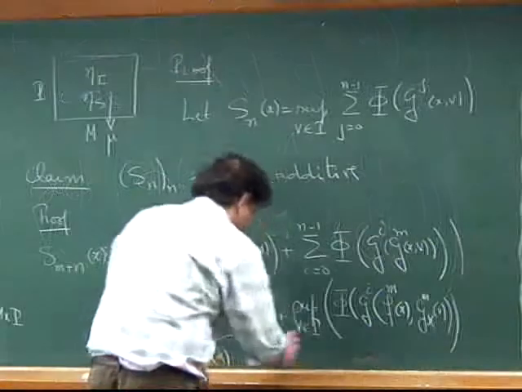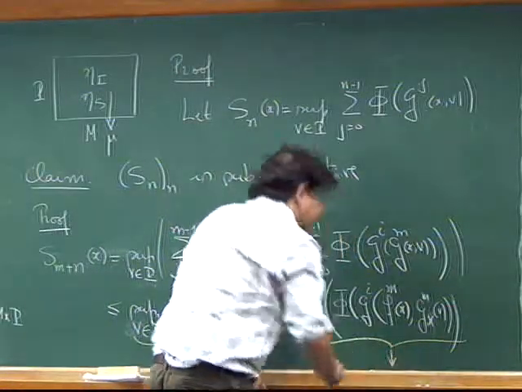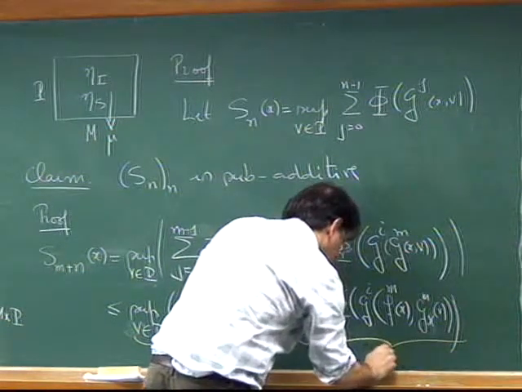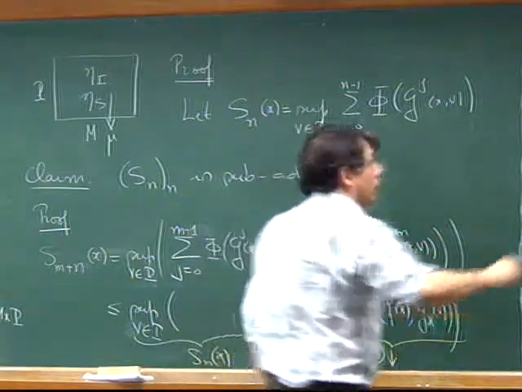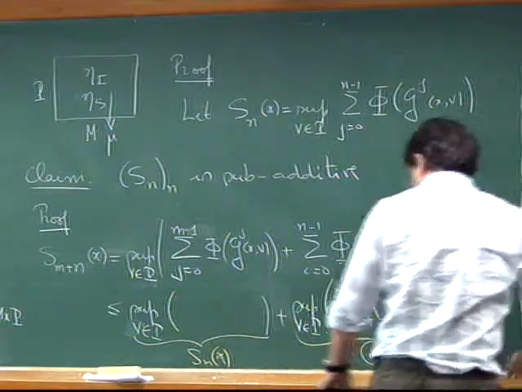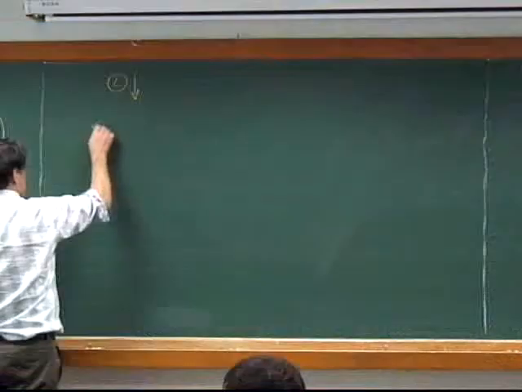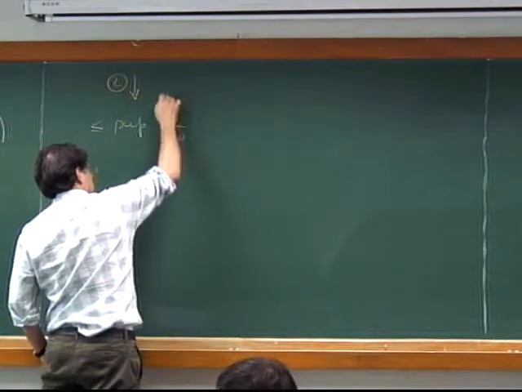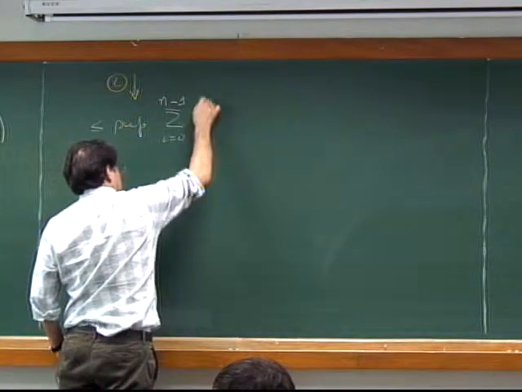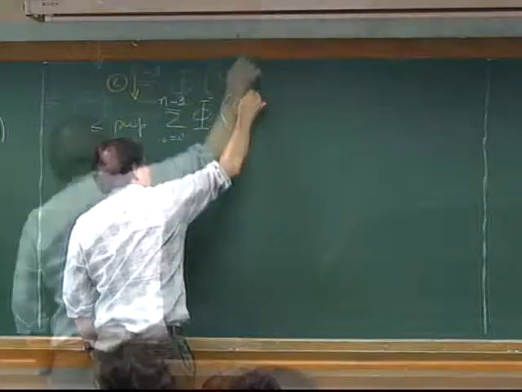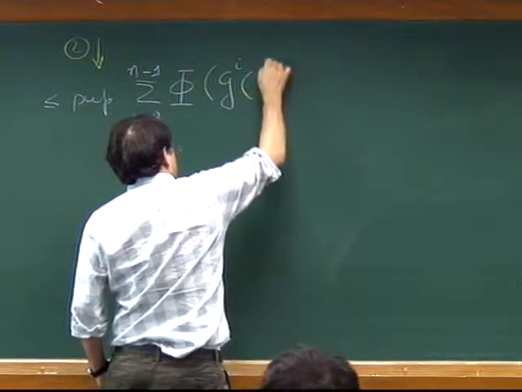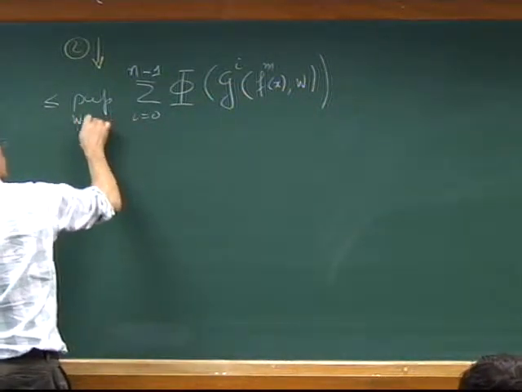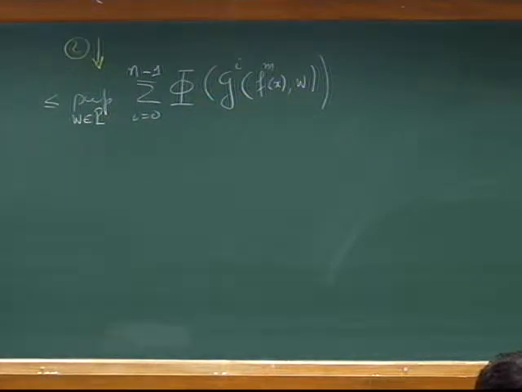And now this second term is less or equal than the sup of the sum i from 0 to m minus 1 of phi at g^i of f^m of x, w, where the sup is over all w's in P. Okay?